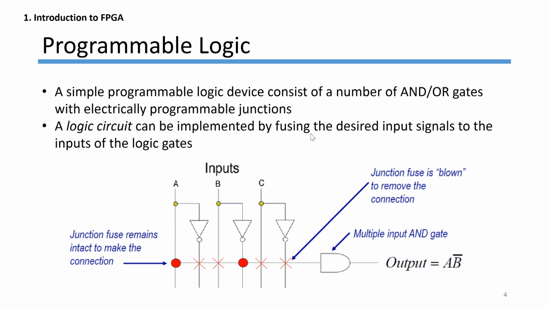So as you can see in the picture below, the junction fuse remains intact to make the connection, and then you have a multiple input AND gate to give your output. These outputs are Boolean expressions. So in this example, the output is A, B bar.